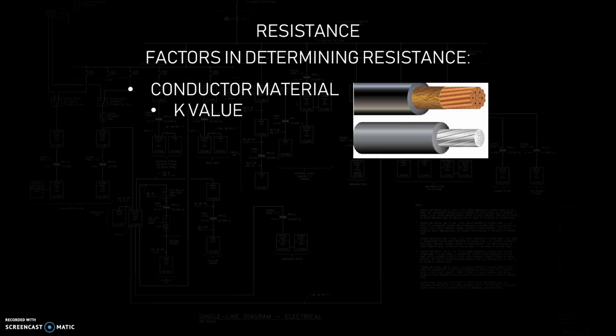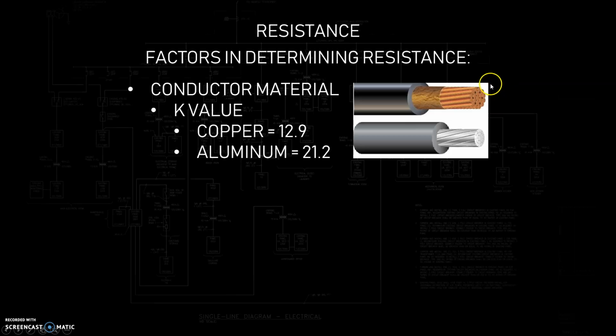Something they mentioned in the book, it's not terribly important to us till we get to voltage drop, in my opinion, but it is this K value. So every material is assigned a K value or has a certain K value. For your purposes for now, I want you to know that for copper, the K value is 12.9 generally, and then aluminum is 21.2.